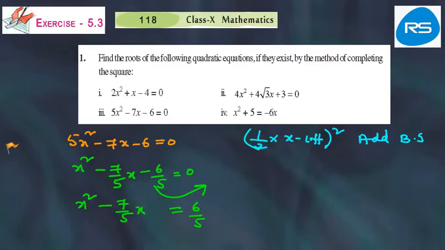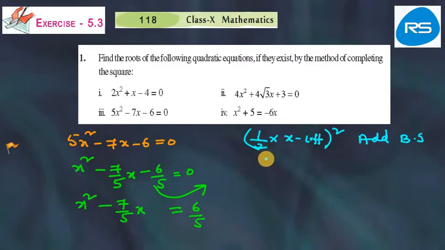So question yourself, what is the x coefficient here? Minus 7 by 5. Half of that is minus 7 by 5 by 2. Minus 7 by 10 we can write. So I am adding both the sides, minus 7 by 10 whole square.